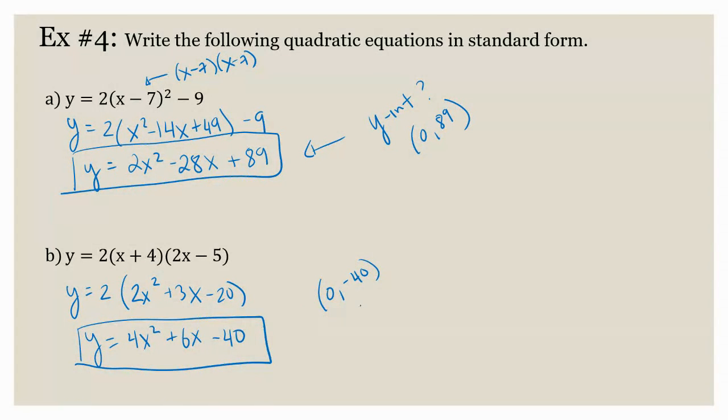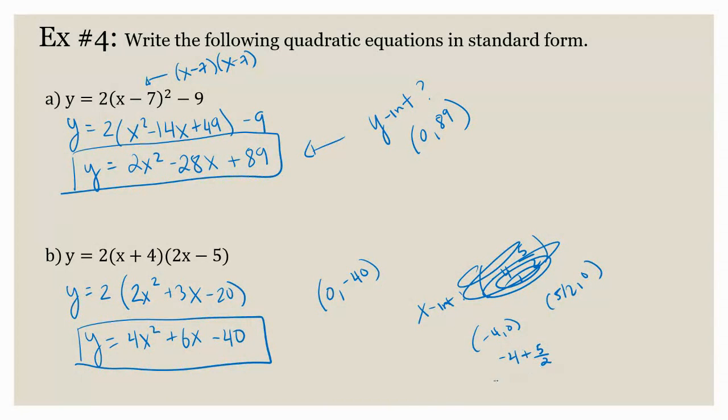And it opens up, so I know I'm going to have 2 x-intercepts. Oh, wait, but I knew that right away. Right? I knew that my x-intercepts were negative 4 and 5 halves. So check this out. Negative 4, 0, and 5 halves, 0. If I wanted to find the vertex, I could average these two.